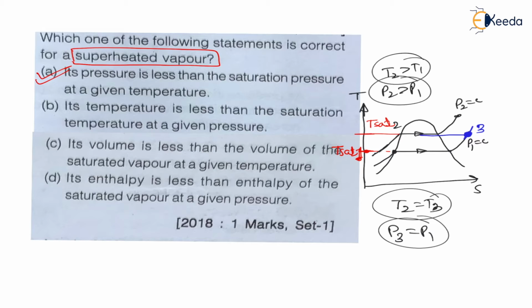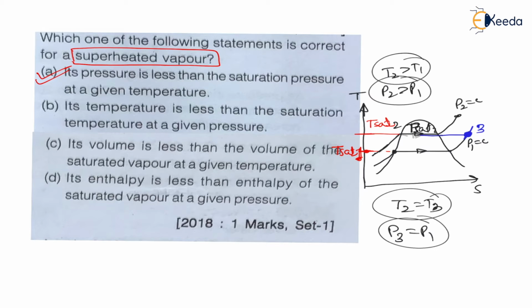My dear students, point 3 is in superheated state. Are you able to imagine or not? This point 3 is in superheated state, but the pressure at 3 is less than the saturation pressure for 2. Here saturation temperature T sat 2 and the corresponding pressure is called saturation pressure, P sat 2.